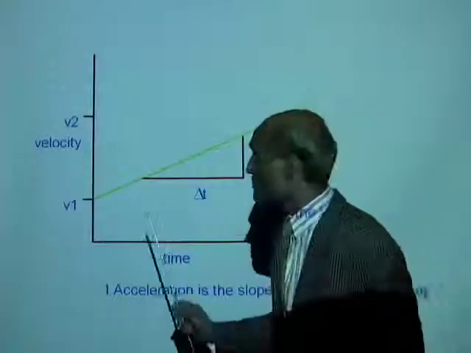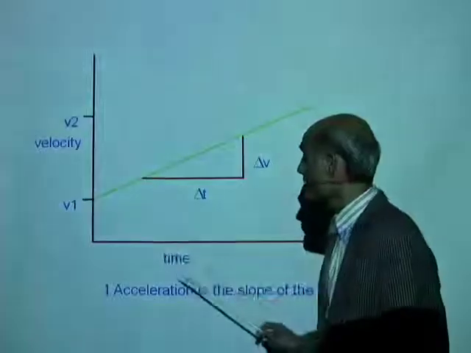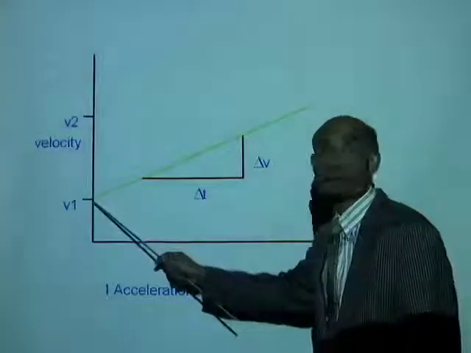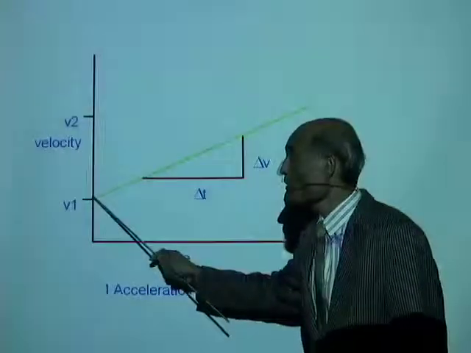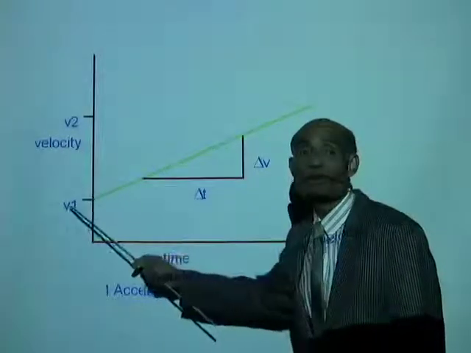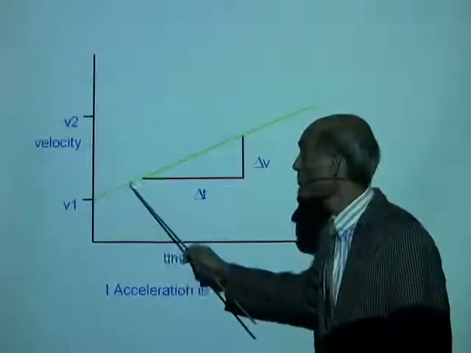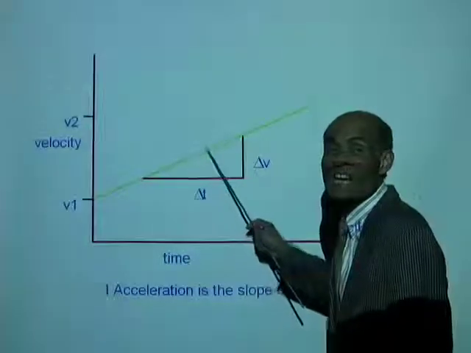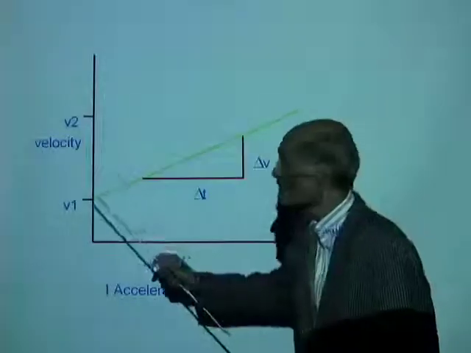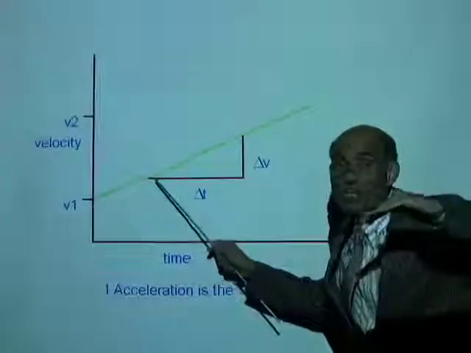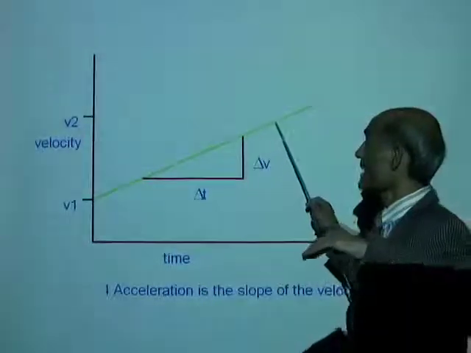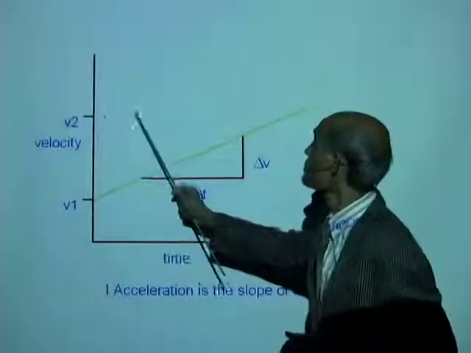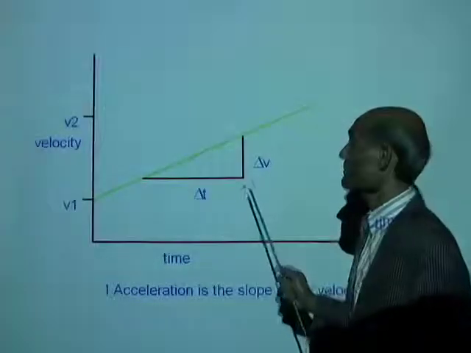Let's now look at the plot of velocity against time in this case. Can you talk about this? The initial velocity of the particle is v1 and the velocity increases steadily. What does that mean? It increases steadily. The increase is uniform. You can see a straight line until the velocity reaches v2.